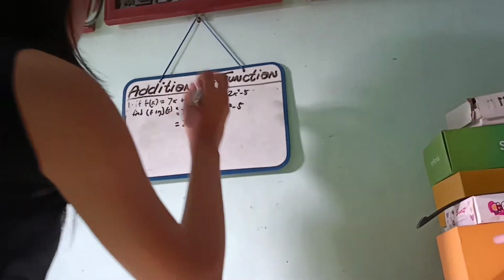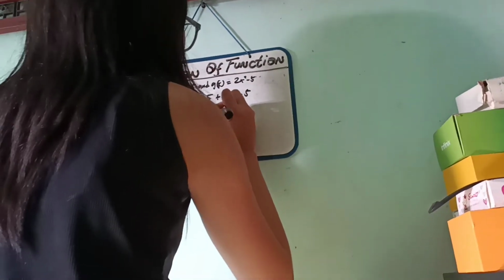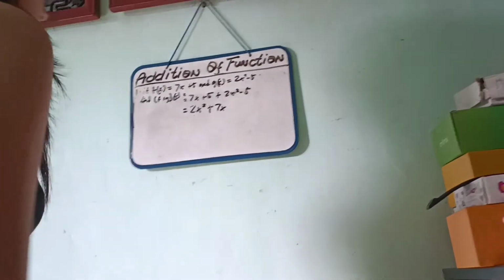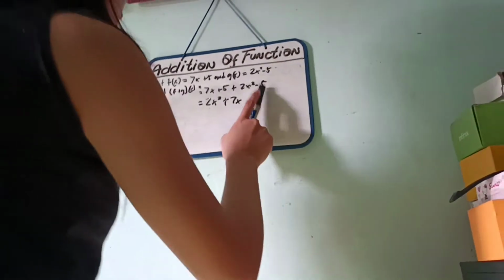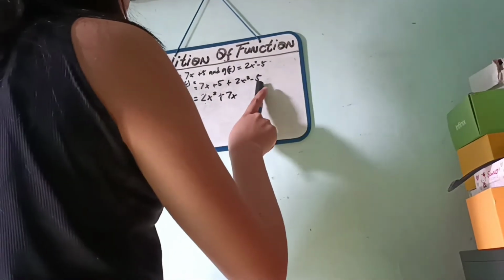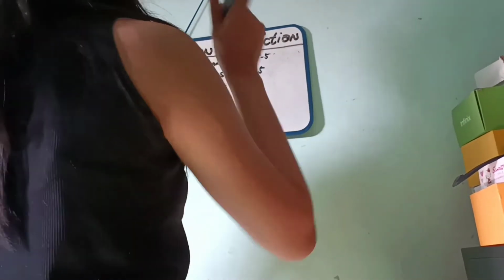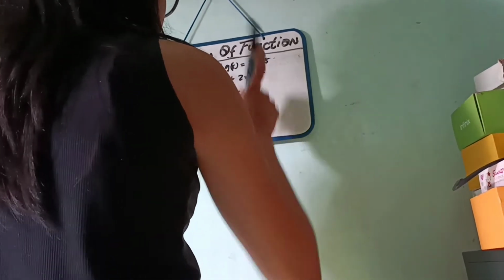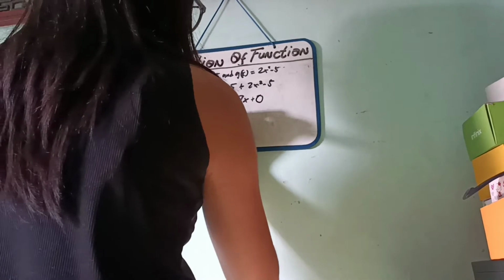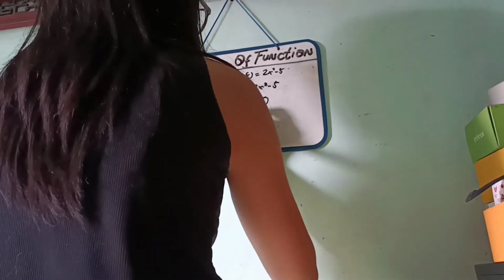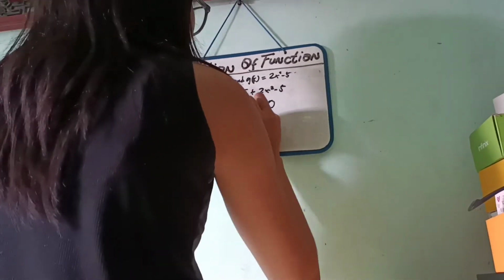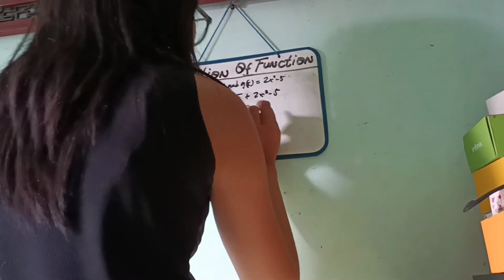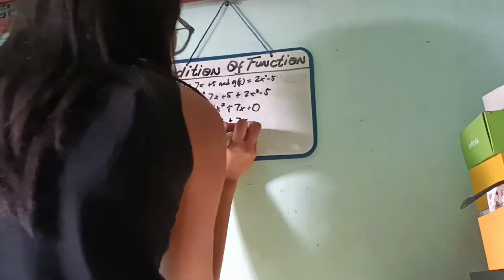Are they alike? No. Positive 5 plus negative 5, subtract that. So, the answer is 0. But we will write it in standard form. So, the answer is just 2x squared plus 7x. Here is our final answer. Great job!